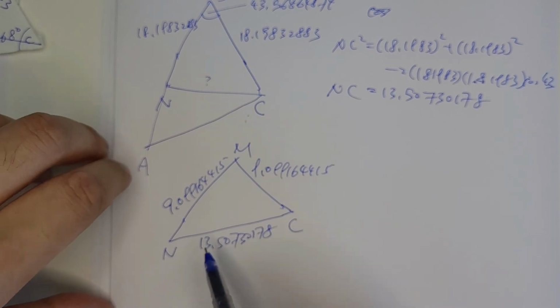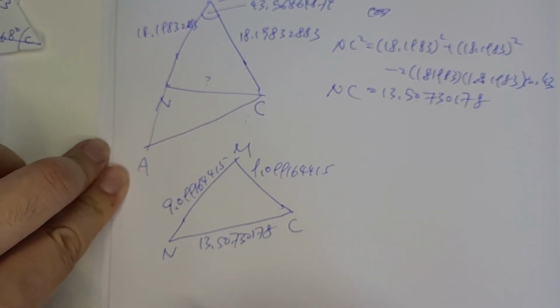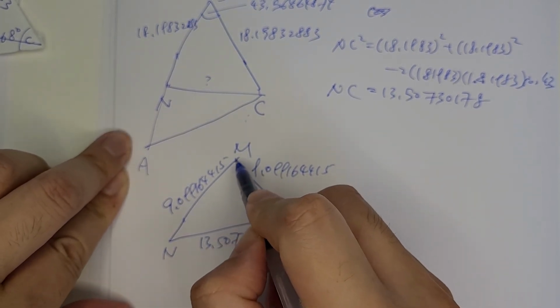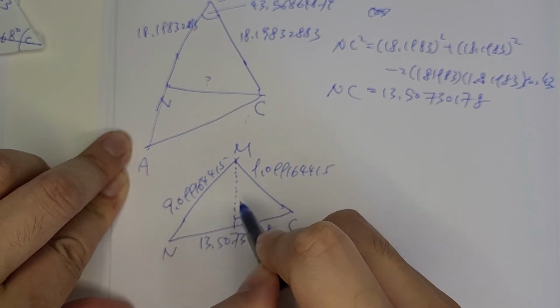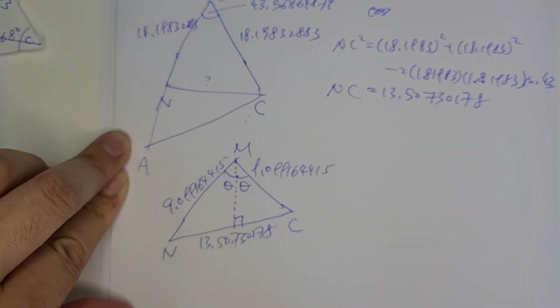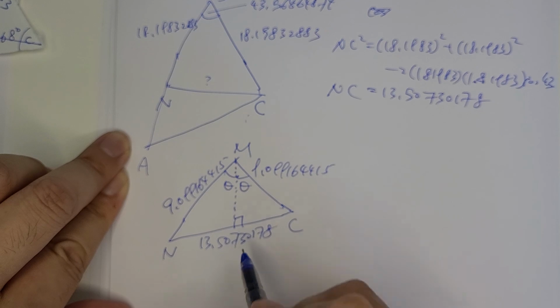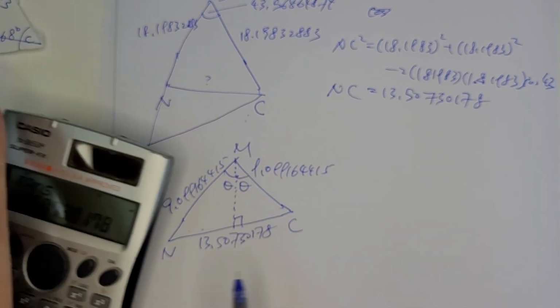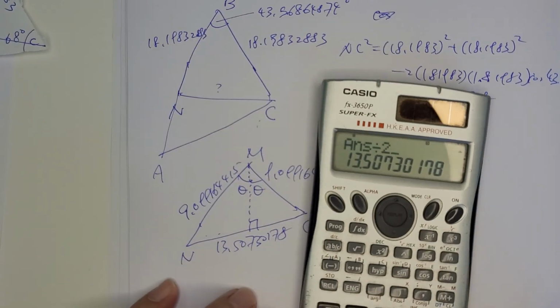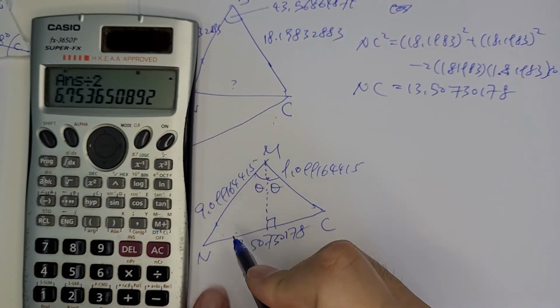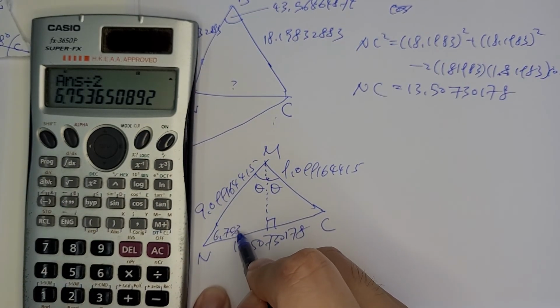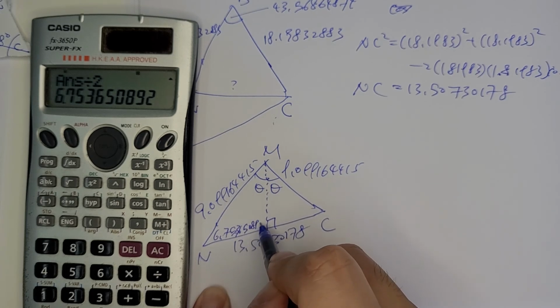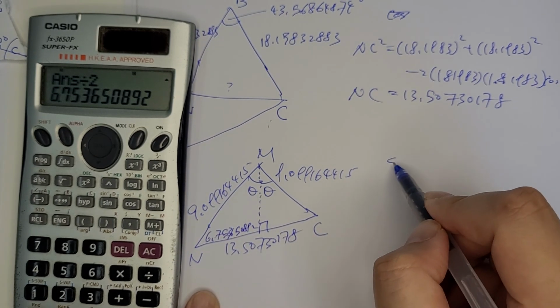So that is an isosceles triangle. Again, you can draw a perpendicular line here. These two angles would be theta, right? So these two sides will be the same. So this one divided by 2, each side will be 6.7536508892.